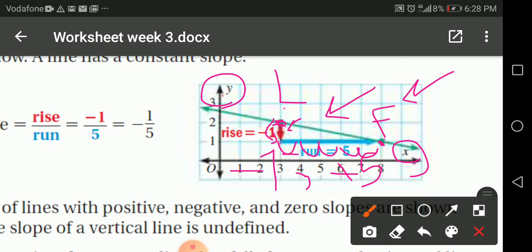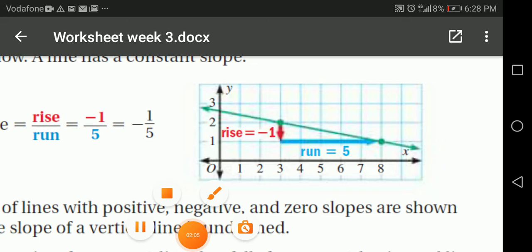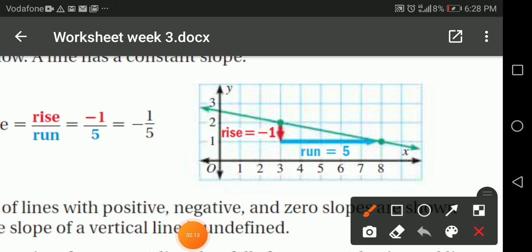So here the rise is negative 1 and the run is positive 5. This is my movement. Remember, my dear students, each line has a constant slope. Here we have the constant slope, negative 1 over 5.